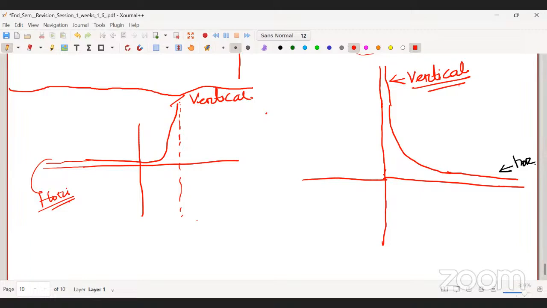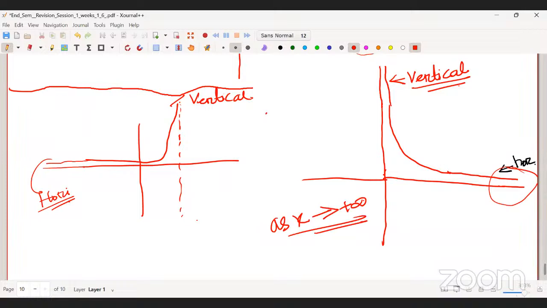So if any equation is given, then how to find the horizontal and vertical asymptotes of this equation? It depends on the question; there is no universal method to find this. One way to find this type of asymptote is to find the behavior of the function as x tends to plus infinity, right?